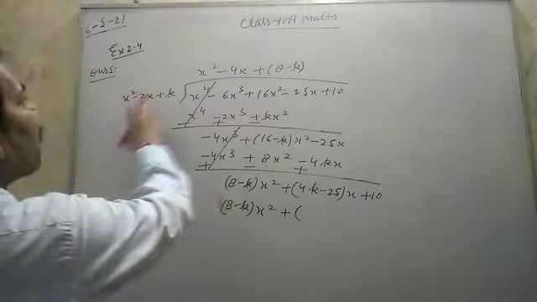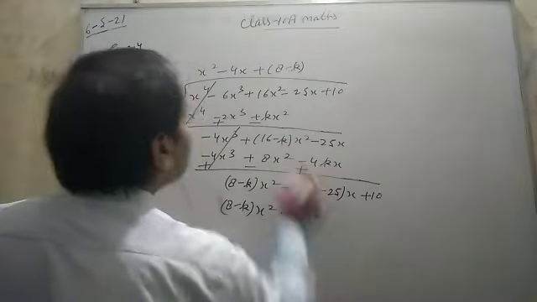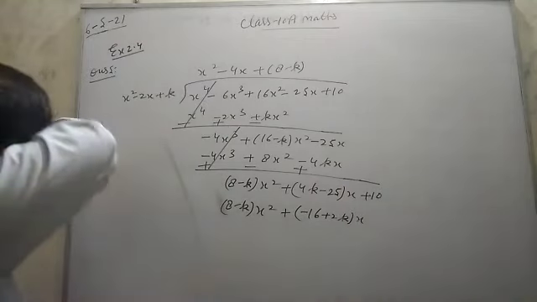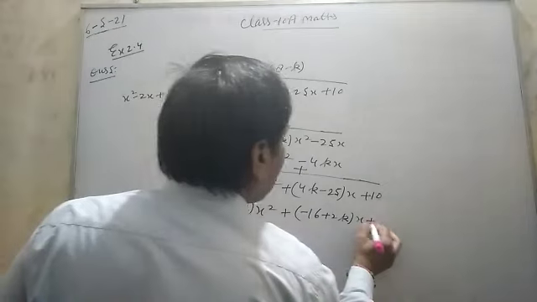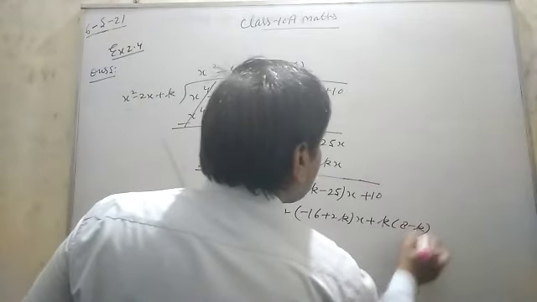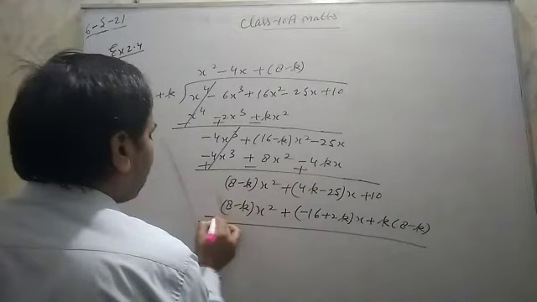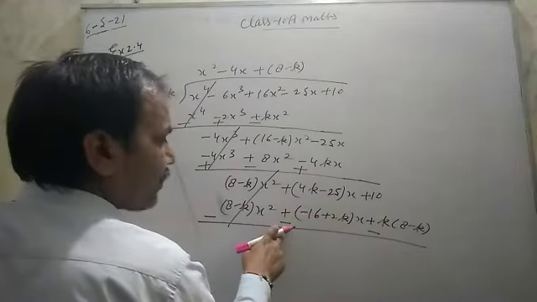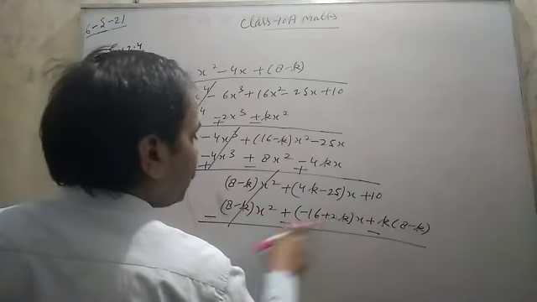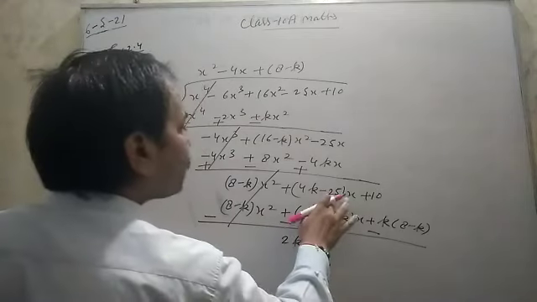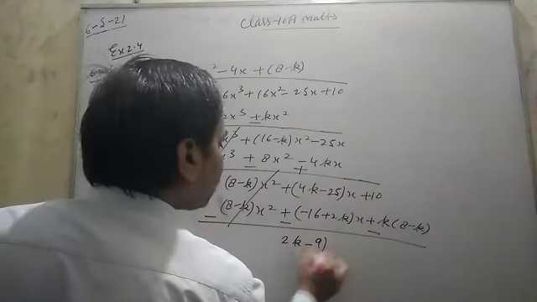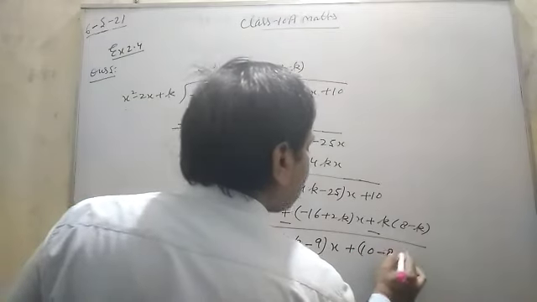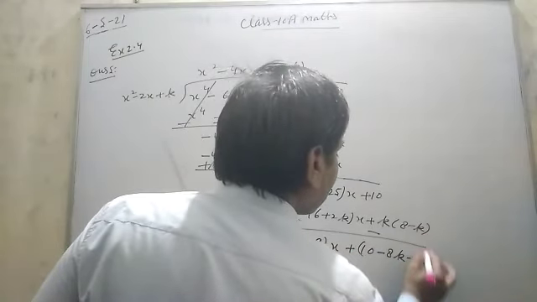And by minus 2 multiplying this, minus 16 plus 2k into x plus k into 8 minus k. Then subtract it. Cancel 4k. This minus 2k means 2k, and this minus 25 plus 16 is minus 9, into x, plus this will be 10 minus 8k plus k square.